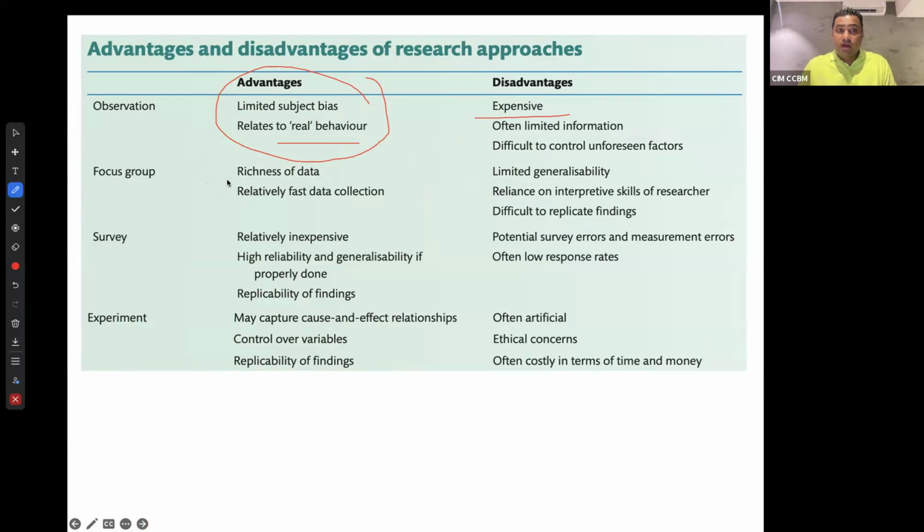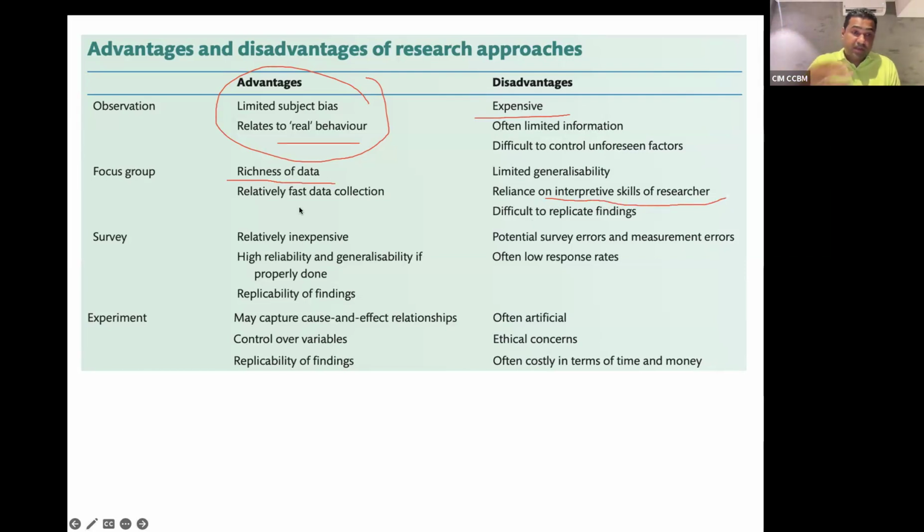Focus groups are good. You get a rounded, good blend of information, but you can't probe and go into very detailed discussion like in-depth interviews. But you also need a very skillful researcher because there are so many people, 6 to 9 respondents.